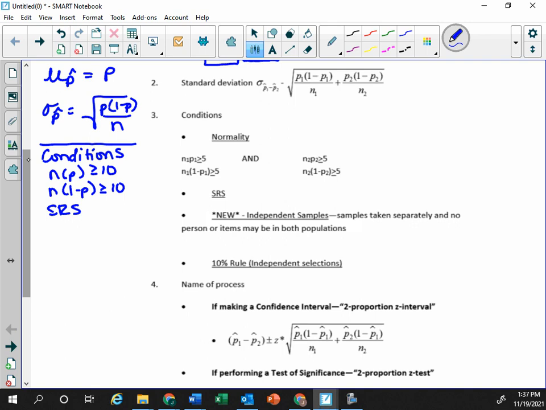So the 2 groups you're trying to make a comparison between, you have to go through and check conditions for both of those. So that is a little bit tedious. And also another difference, you now have n times p has to just be greater than or equal to 5, and n times 1 minus p greater than or equal to 5. When you're doing a 2 population type of problem, that's your condition for normality with proportions.